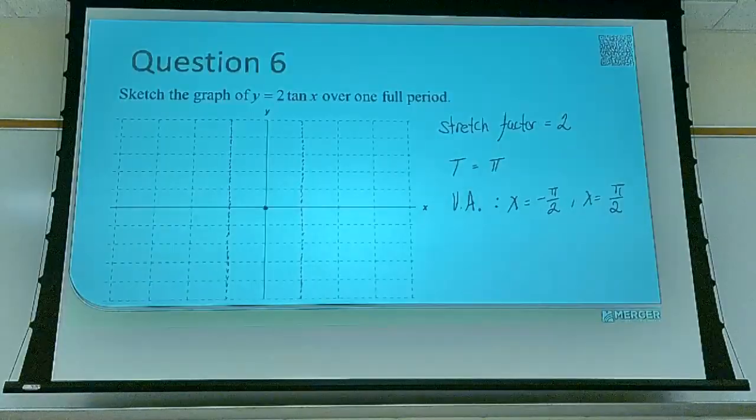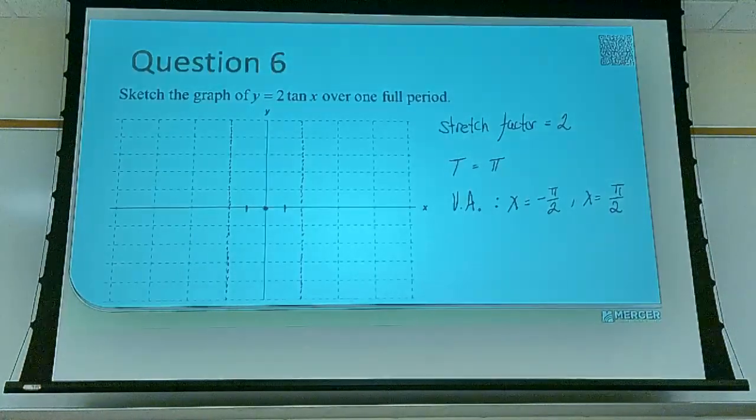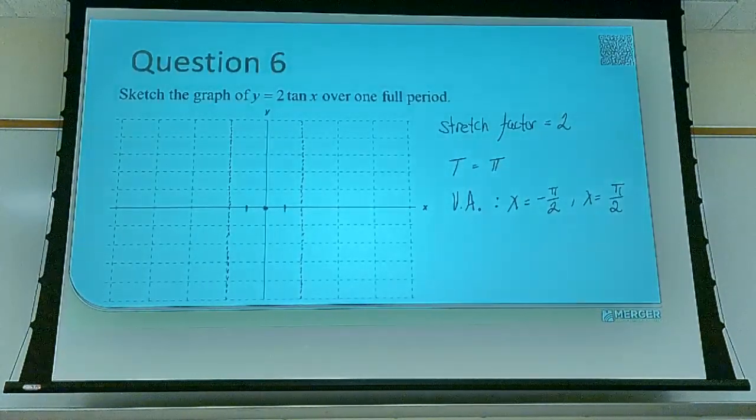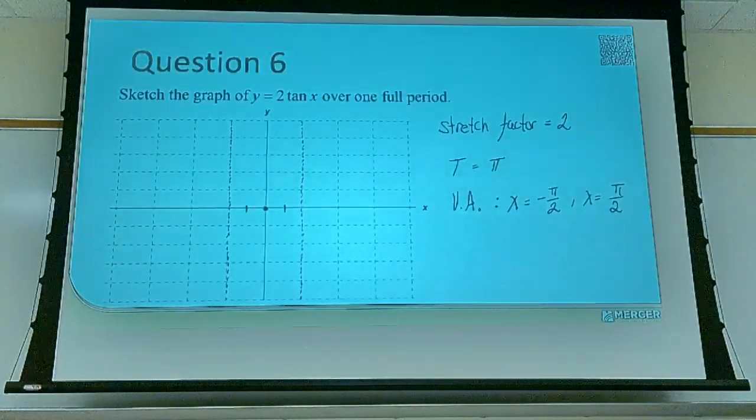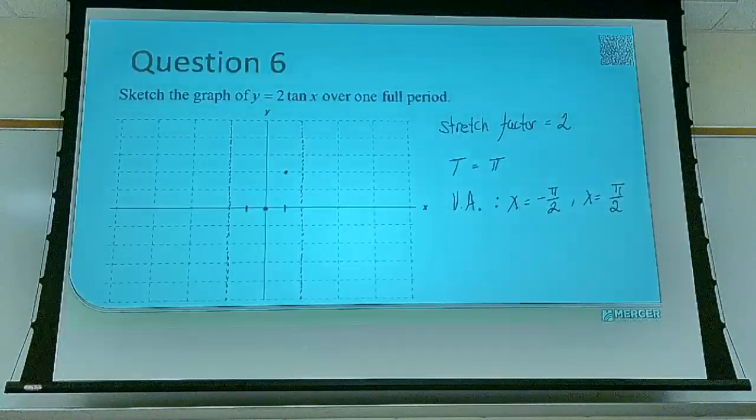Halfway, right, negative pi over 4 and pi over 4. At pi over 4, isn't tangent 1? So tangent of pi over 4 is 1, right? But that gets doubled because of the stretching factor. So I'm going to pass through that point. Tangent of negative pi over 4 is negative 1. That has to get doubled because of the stretching factor.